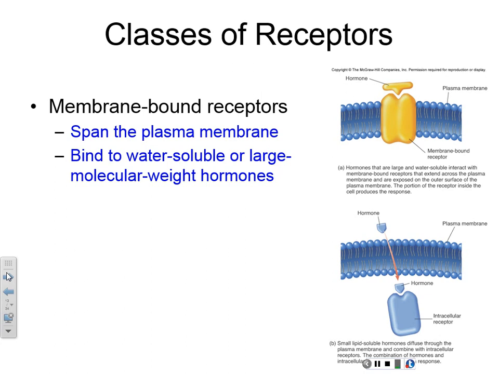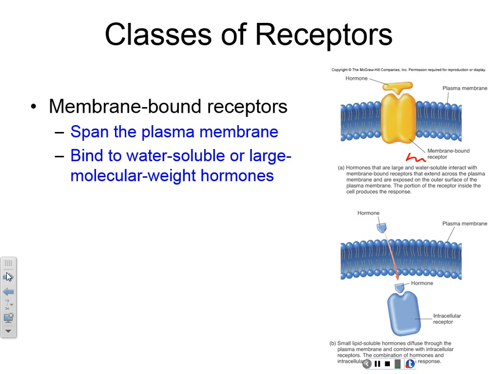These are for the protein-soluble hormones, and these hormones can affect some enzyme inside of the cell. You see, it will activate something inside, and the hormone stays outside because it can't go through.